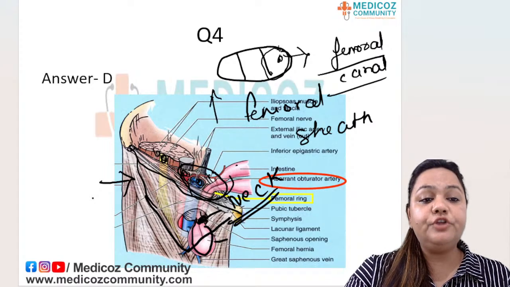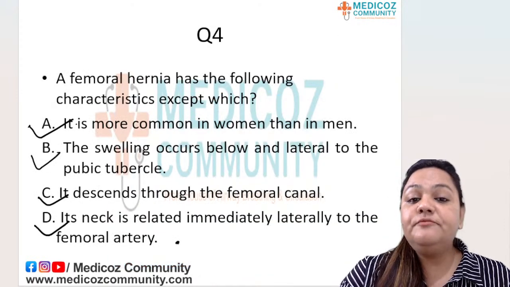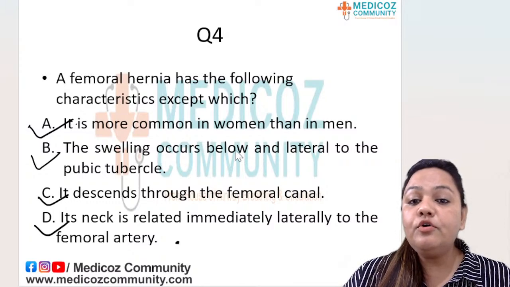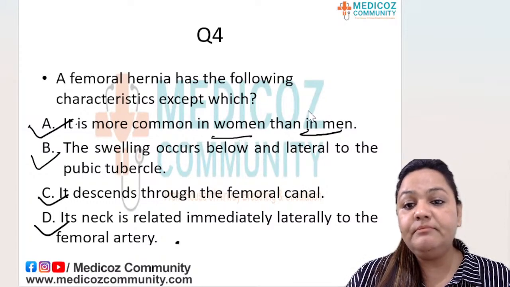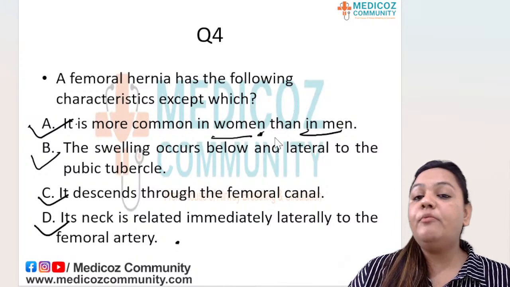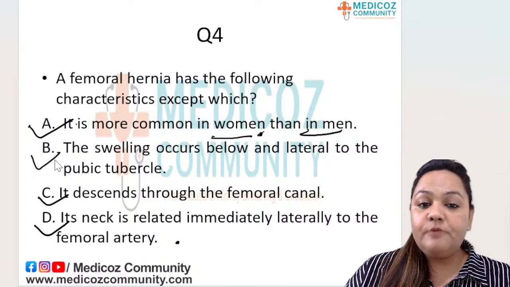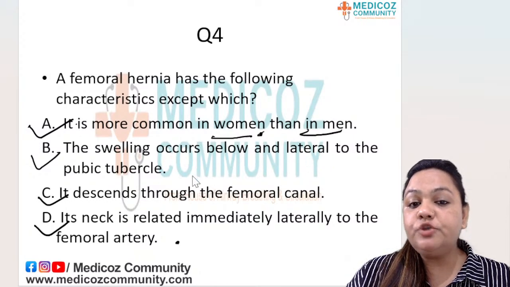Now we will look into the options. Option A, the femoral hernia is more common in women than men. Yes, it is more common in women because women have a wider pelvis. And option B, the swelling occurs below and lateral to the pubic tubercle.